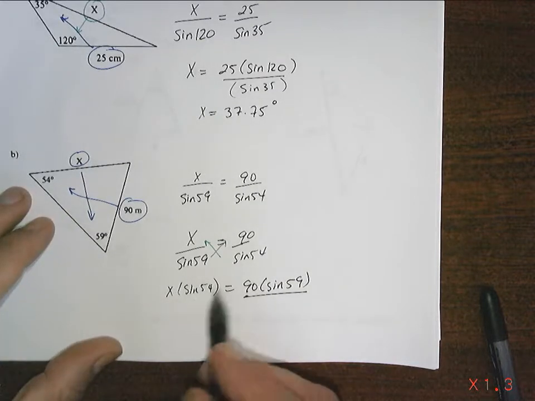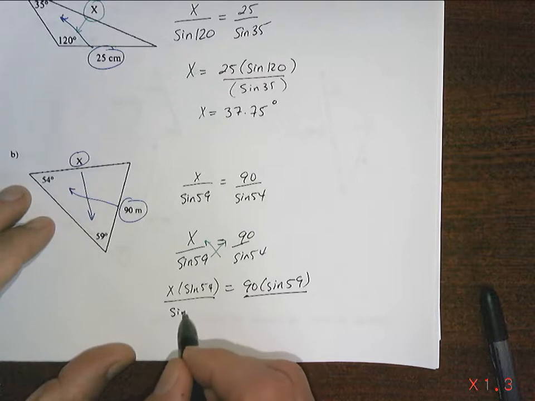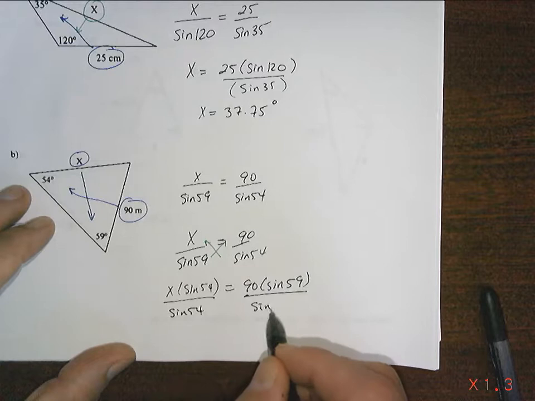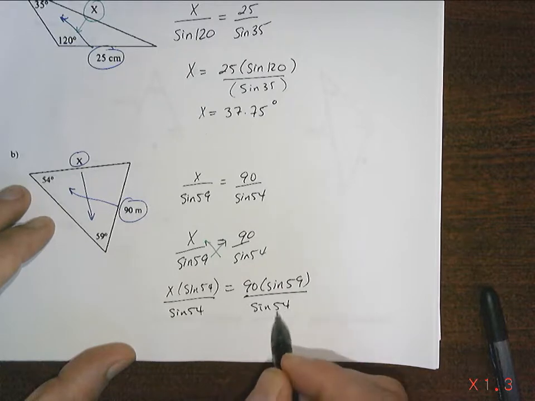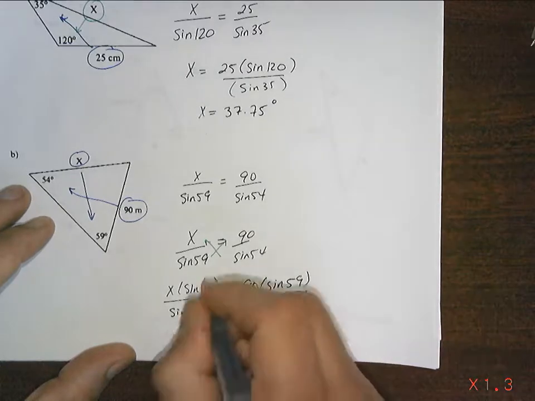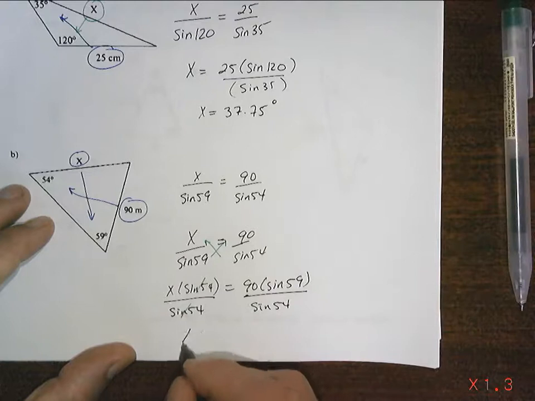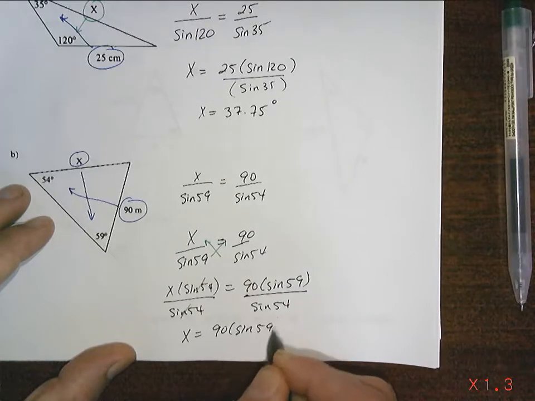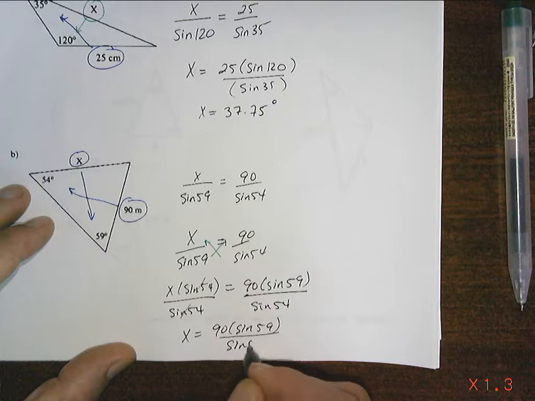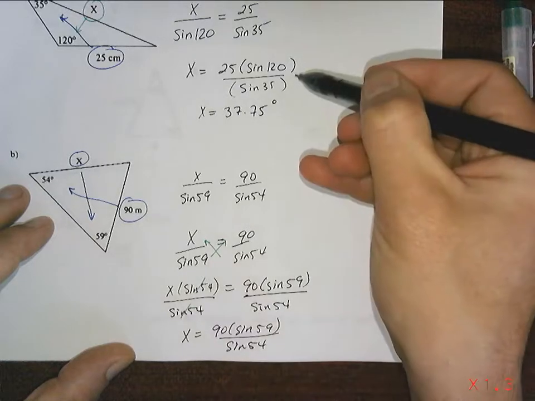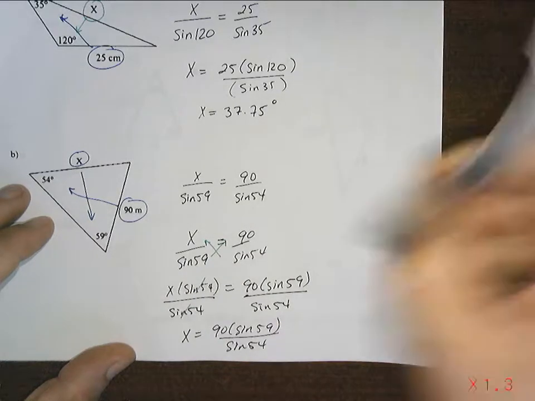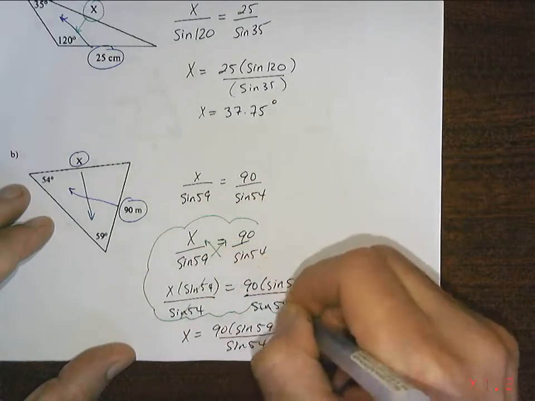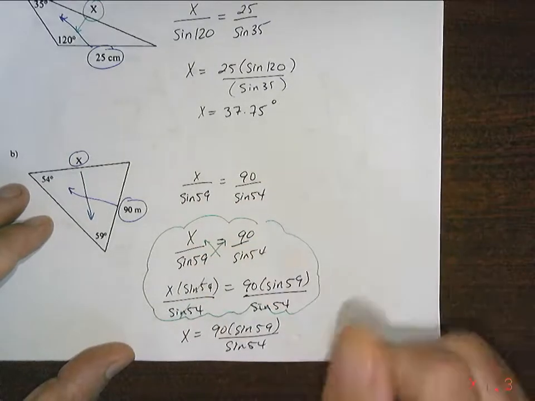That's a decimal. So I'm going to divide it by sine 54. That's how I'm going to get rid of multiplying by sine 54. So I'm going to do the same thing here. What happens is these 2 reduce. That's why I did this, leaving me with x equals 90 sine 59 over top of sine 54, which again is this step here. So you don't have to add all that, but that's where it comes from.